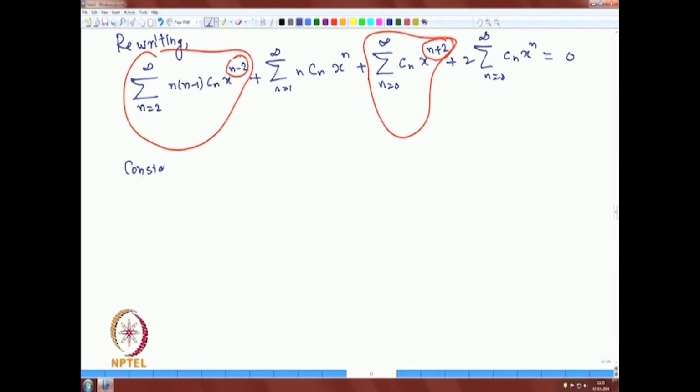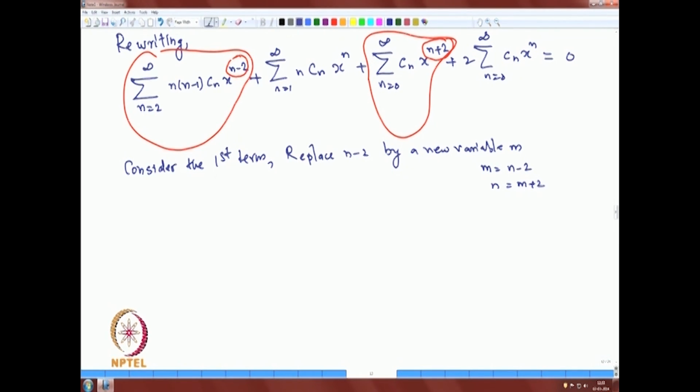Consider the first summation and replace n minus 2 by a new dummy index m. So, therefore, m is equal to n minus 2, or n is equal to m plus 2.